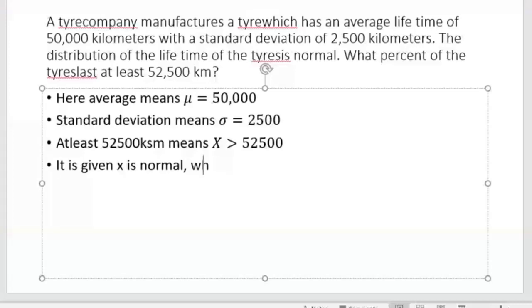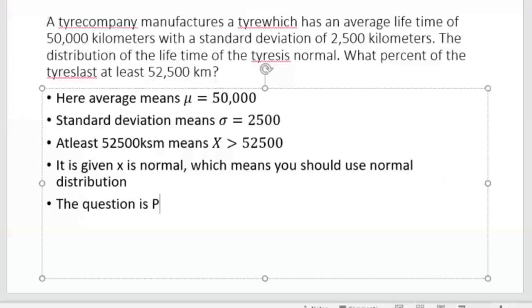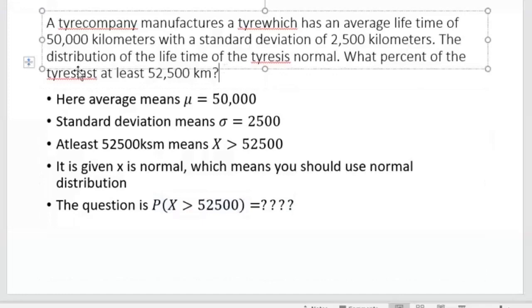So finally the question is find the probability of x greater than 52500. This is the question. So this already you have done. Now this question is given in terms of words. You just try this, find the answer, and choose the option. So this is the same one.